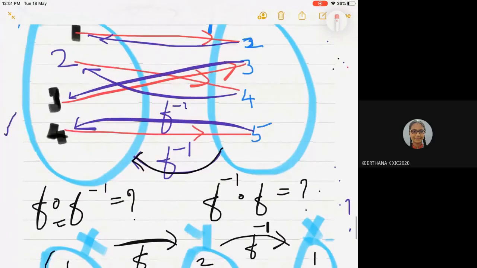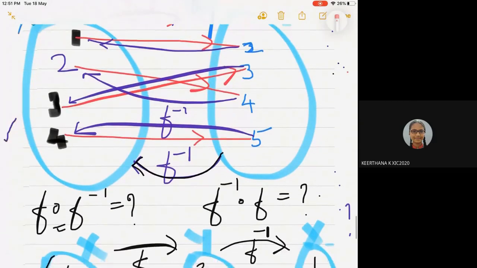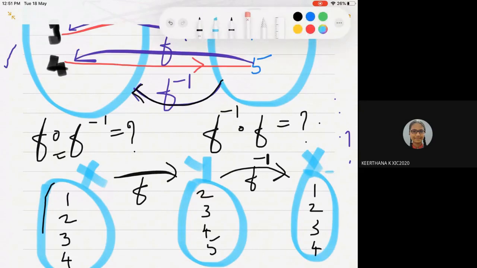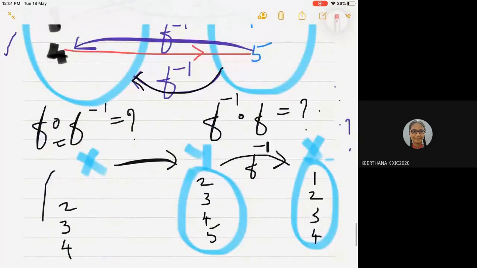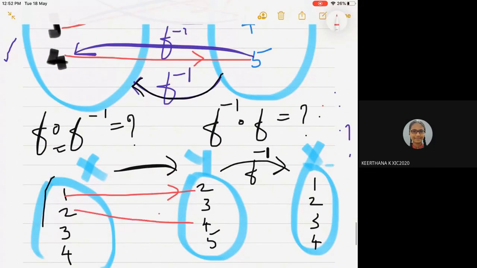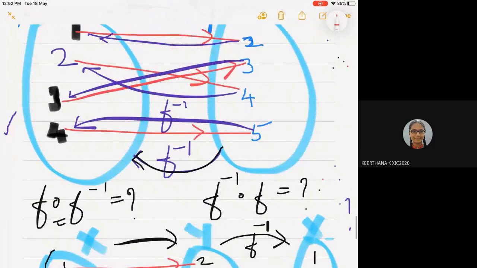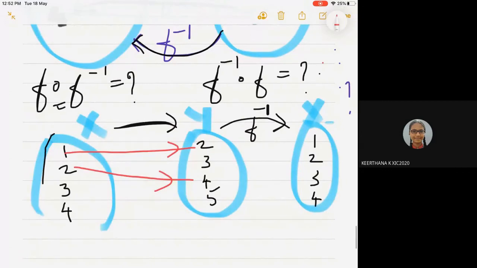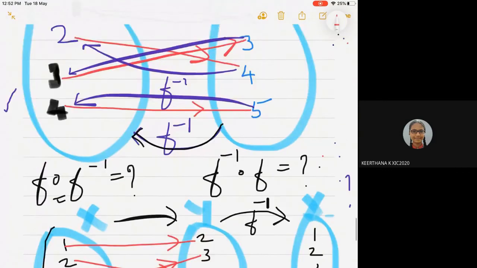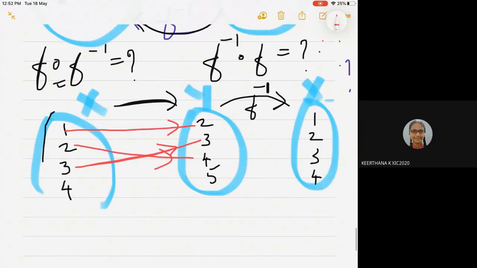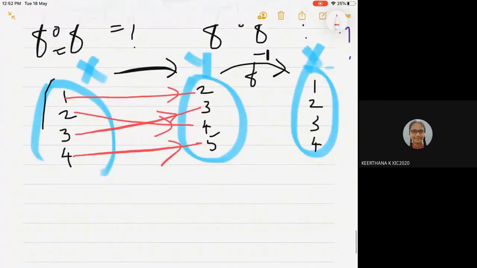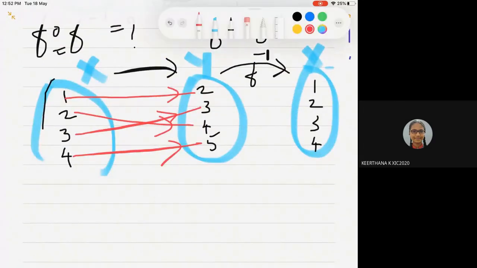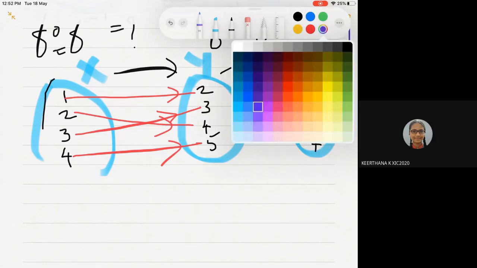According to f, the image of 1 is 2, the image of 2 is 4, the image of 3 is 3, and the image of 4 is 5. And I'm taking f inverse; the image of 5 will be 4. So I'm taking f inverse on the next side.